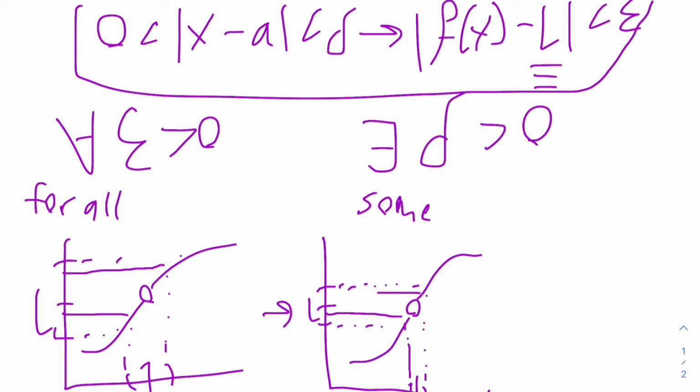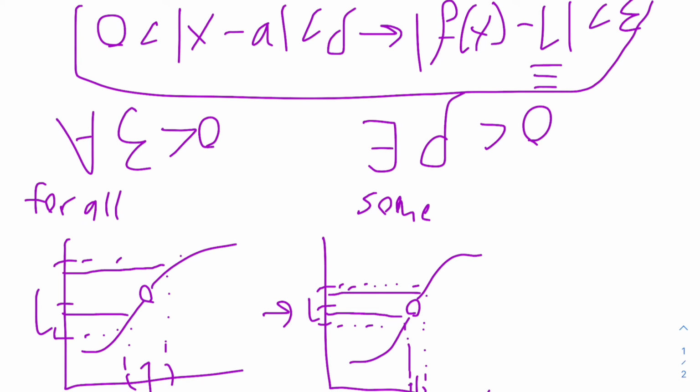The magic with this is that it works for whatever epsilon, no matter how arbitrarily small it gets, no matter how arbitrarily close the corresponding f of x values get to L. So this is why this is a very sensible definition of what a limit truly is.